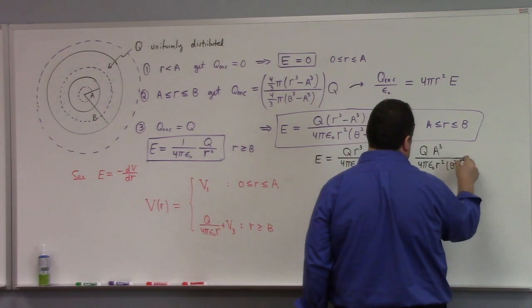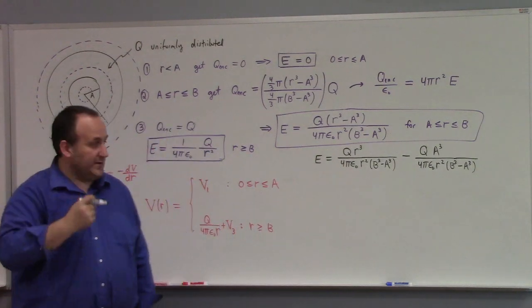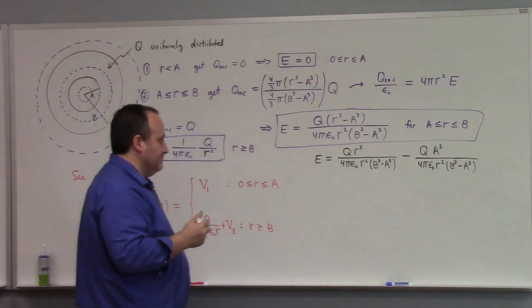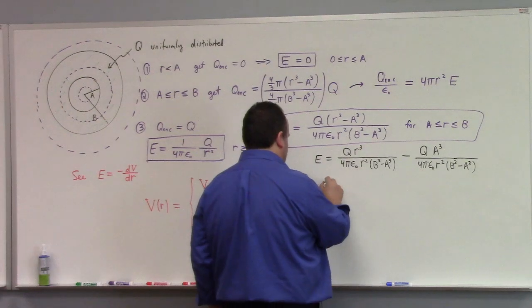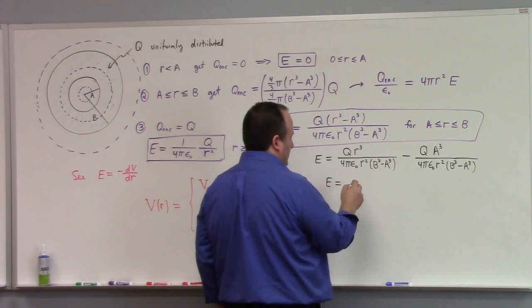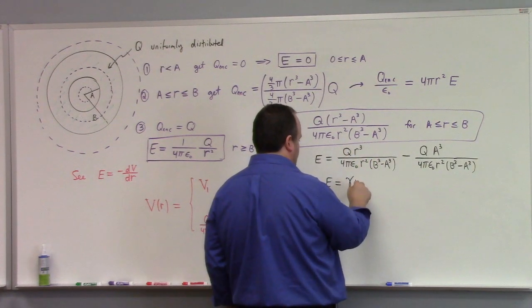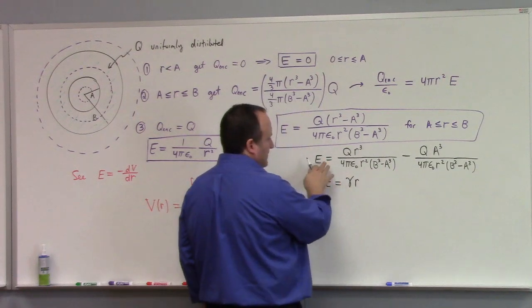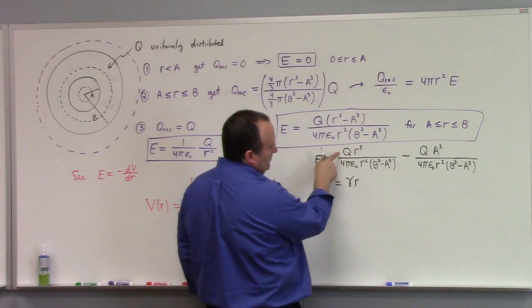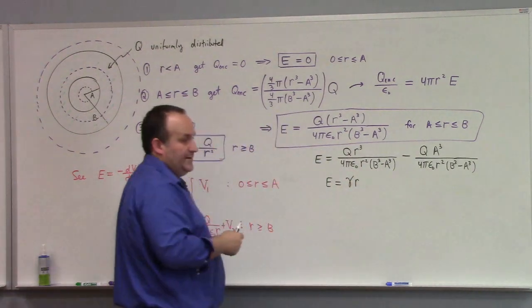All right, great. These are really different in terms of how to integrate. Let me rewrite this a bit. So what we've got is the electric field is, let's just call it a constant, gamma times r, where gamma is q divided by 4 pi epsilon naught, the difference of the cubes of b and a.